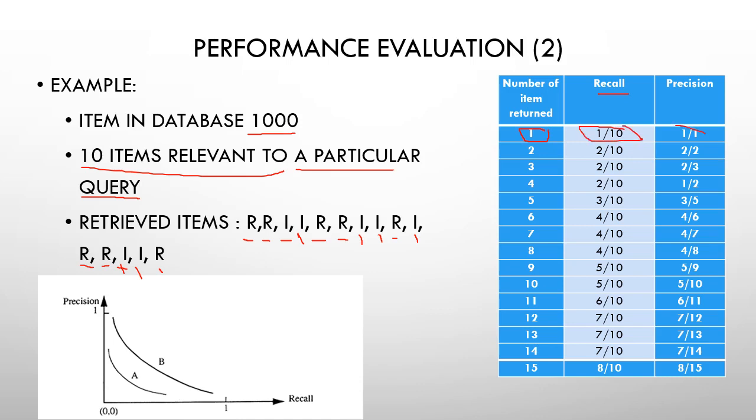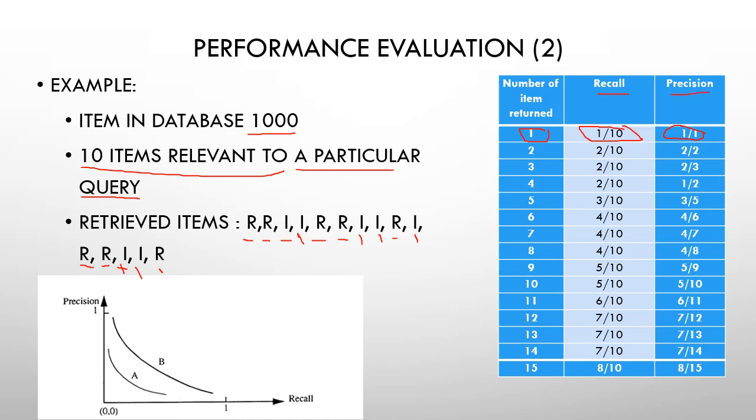What about the precision? Precision is measured as the number of relevant items retrieved divided by the number of documents retrieved. Since the number of documents retrieved is only 1, the precision is 1 divided by 1.